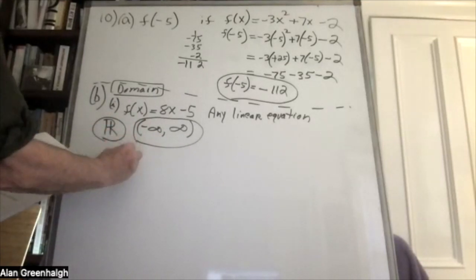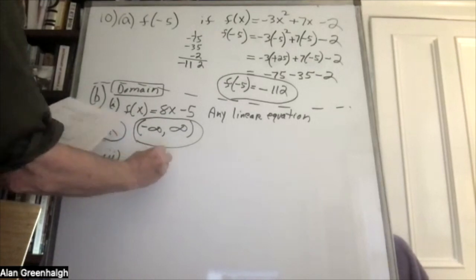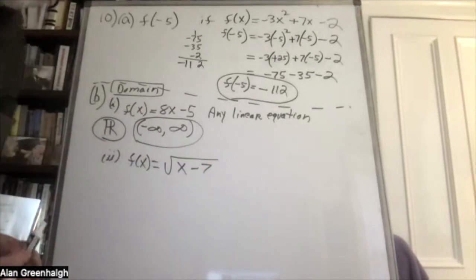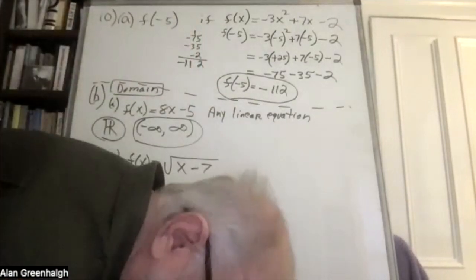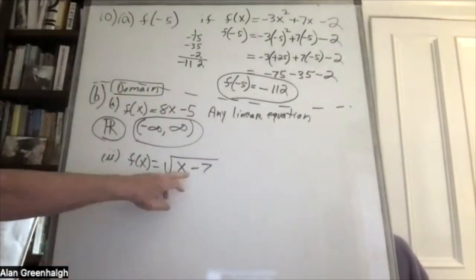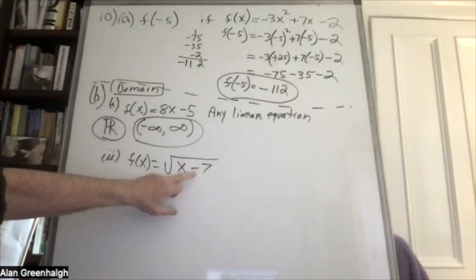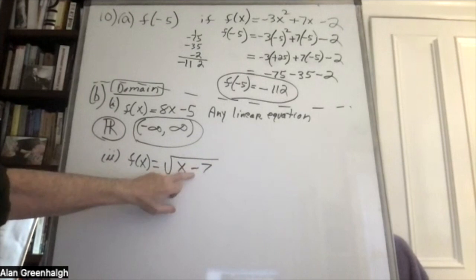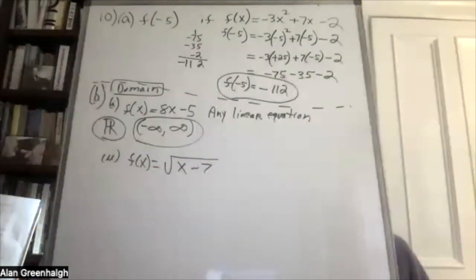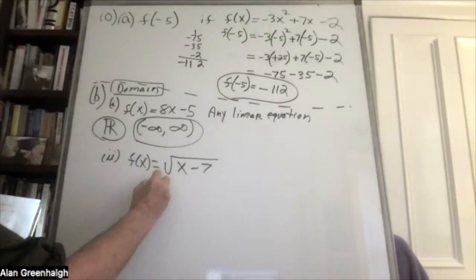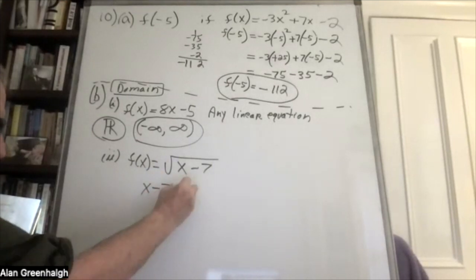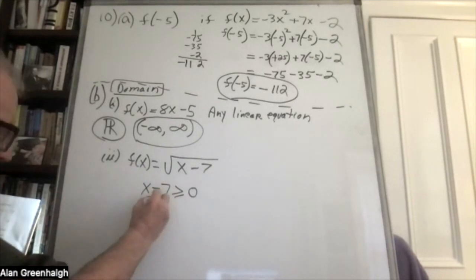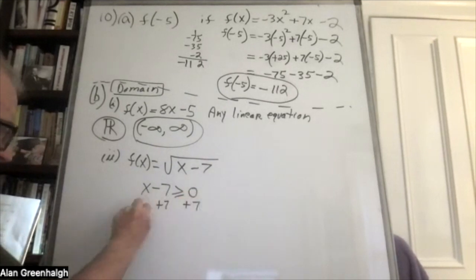The problem is when you have f of x equals a square root, because you cannot have a negative number under the square root. So therefore, x minus 7 must be greater than or equal to 0. This is the domain, and you just have to solve it. Add 7 to both sides.